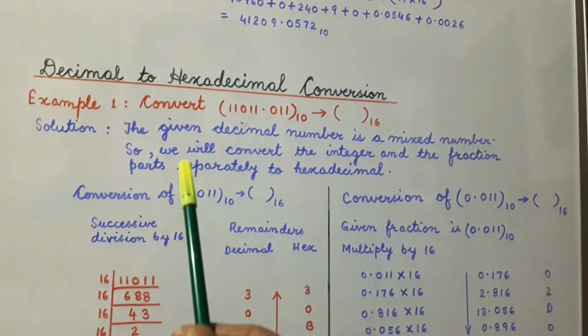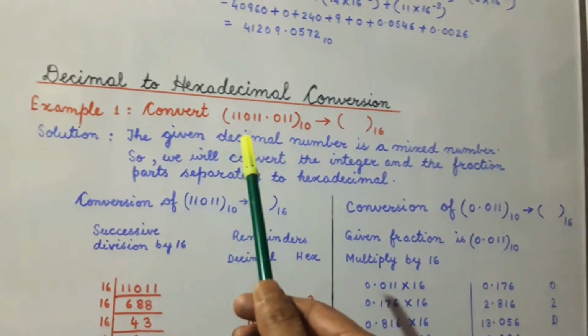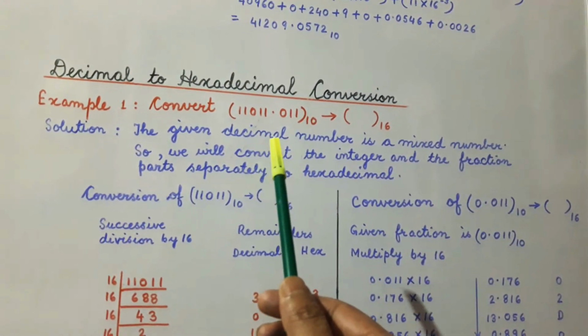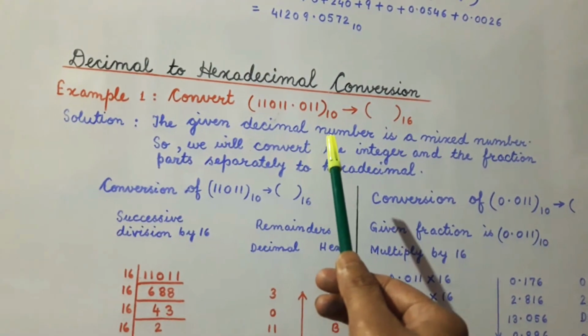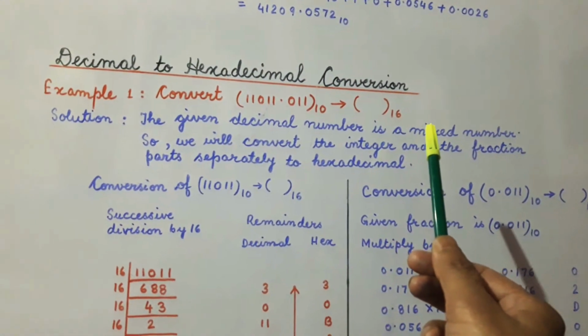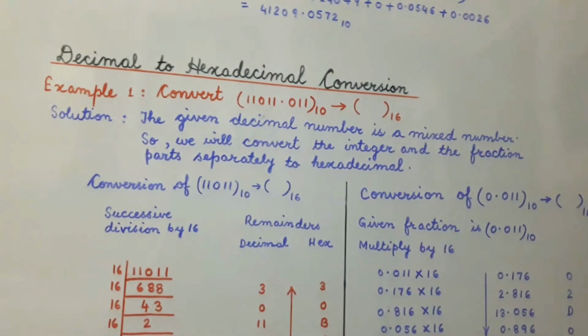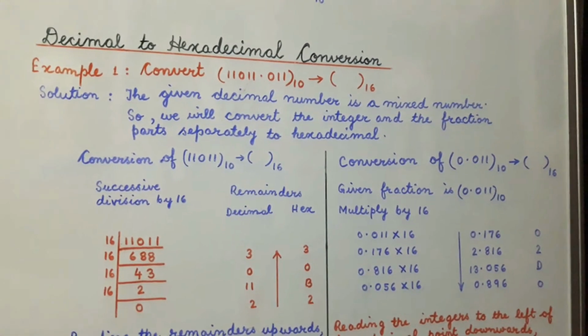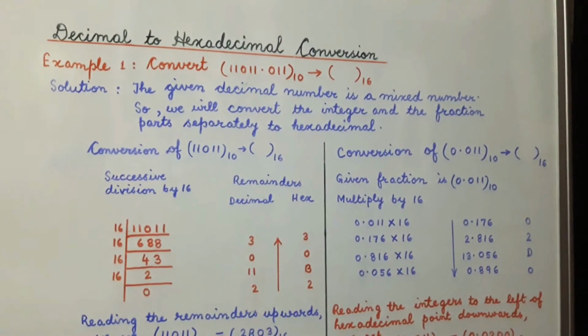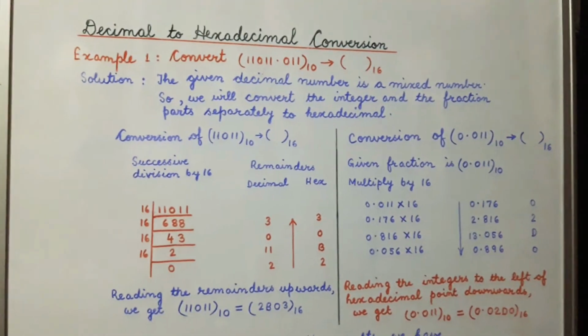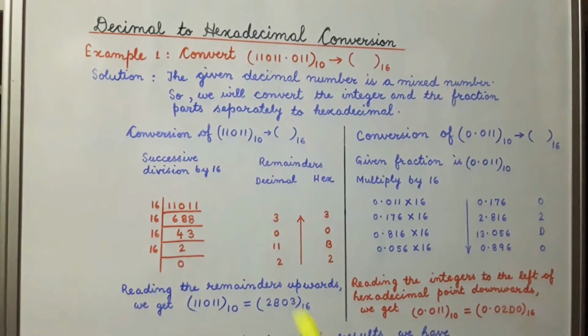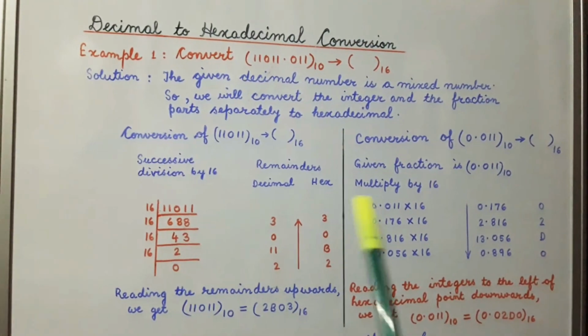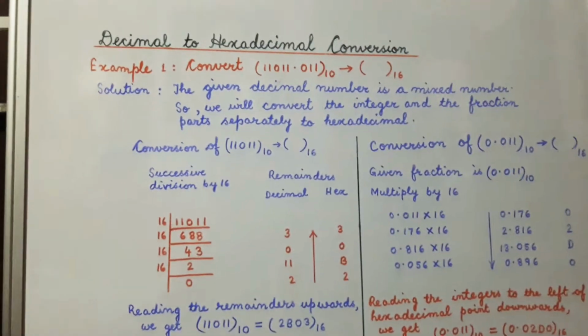Suppose we are given to convert 11011.011, which is in decimal, to hexadecimal. We find that the given decimal number is a mixed number.